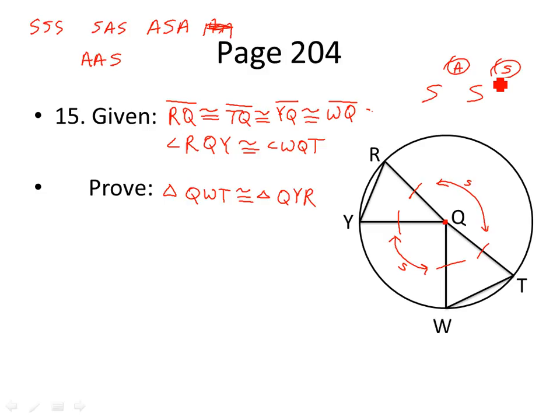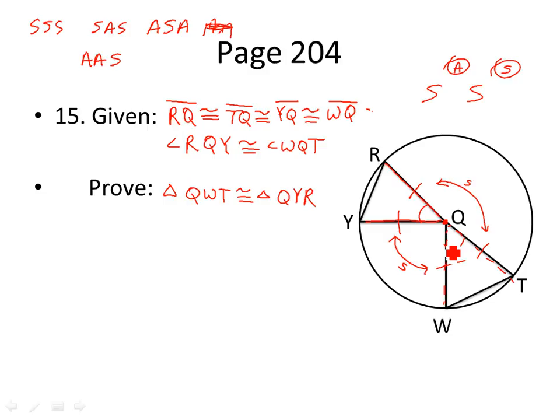It says angle RQY is congruent to angle WQT. Are those 2 angles in our 2 triangles? Yeah. Now, you got to be careful when you're using angles, because remember, to be side angle side, that angle has to be between the 2 congruent sides, right?